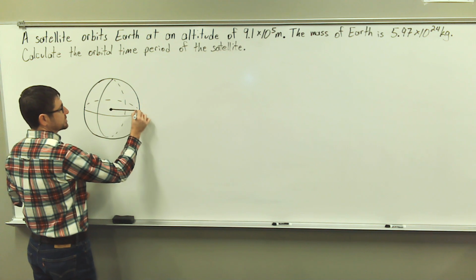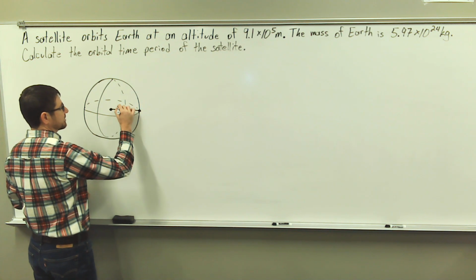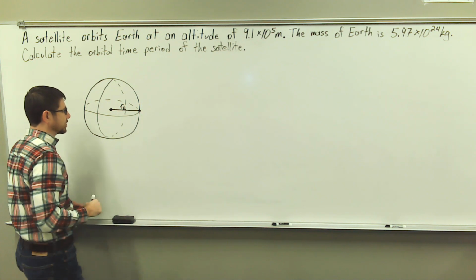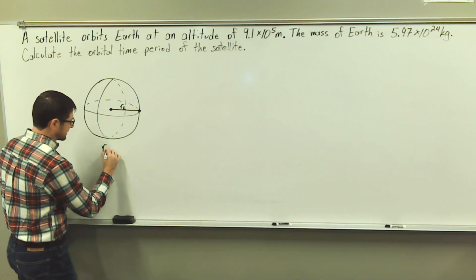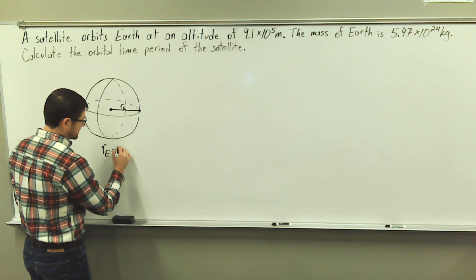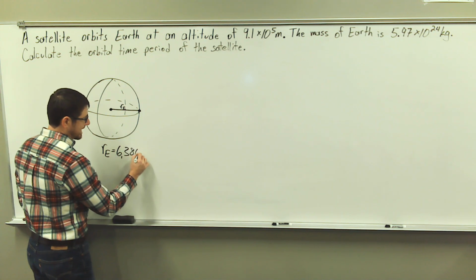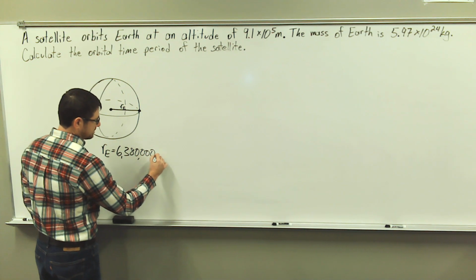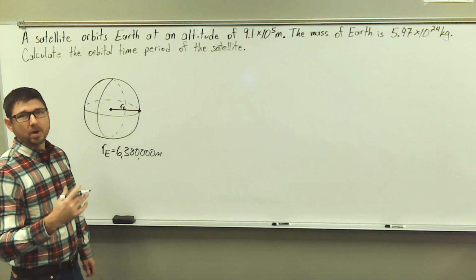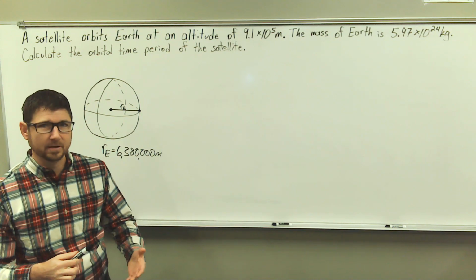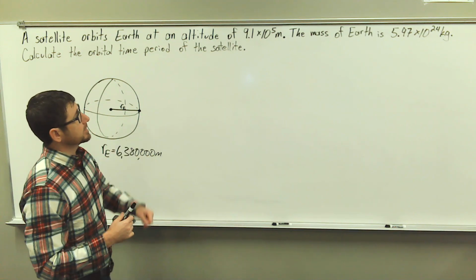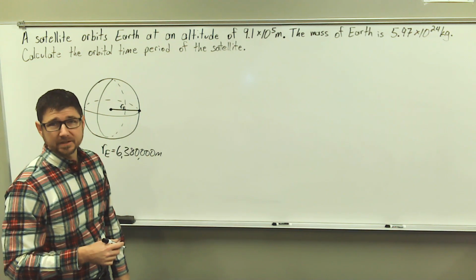All right, and we need to identify the radius of Earth, which I'm going to identify by r sub e, so the radius of Earth. This is 6,380,000 meters, and the problem tells us that the satellite is orbiting Earth at an altitude of 9.1 times 10 to the 5th meters.